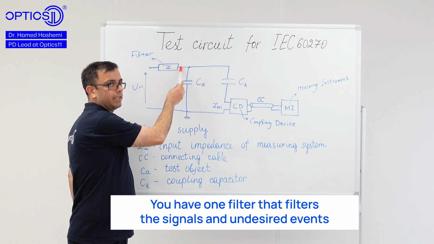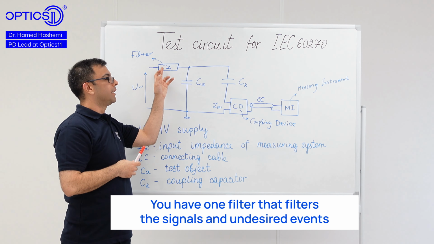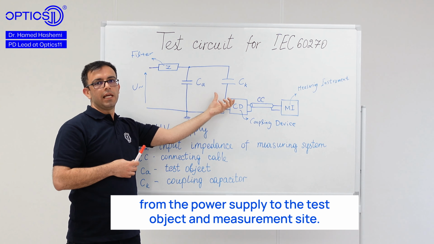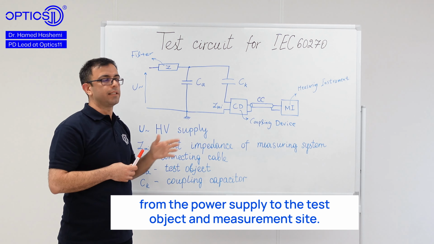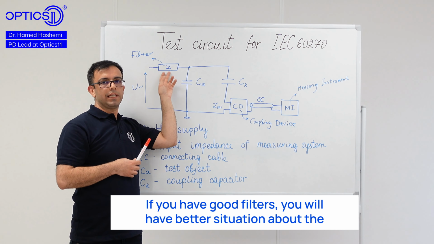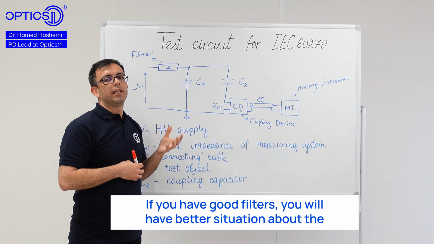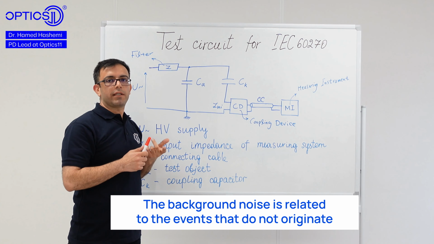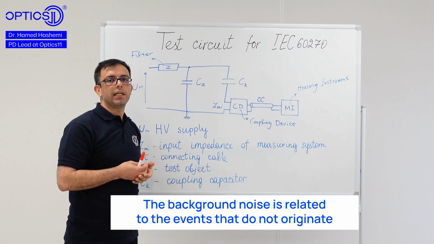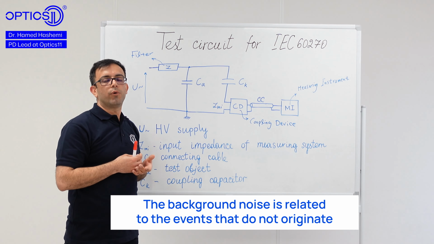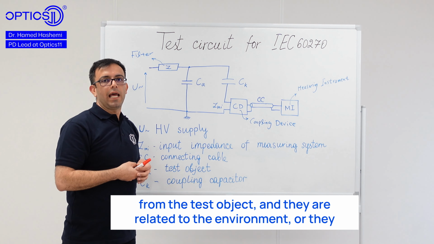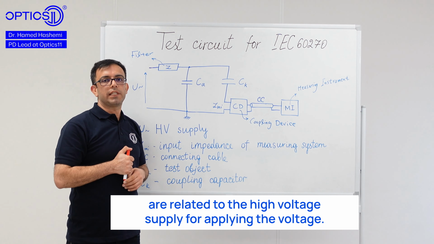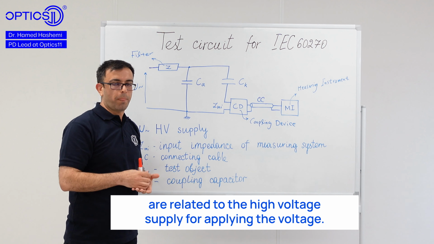You have one filter that filters the signals and undesired events from the power supply to the test object and measurement site. If you have good filters, you will have a better situation regarding background noise and interferences. The background noise is related to events that do not originate from the test object; they are related to the environment or to the high voltage supply for applying the voltage.